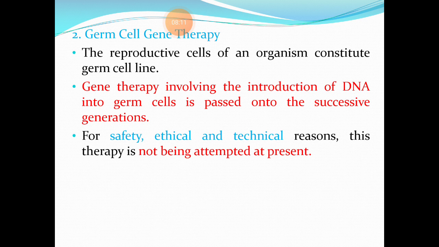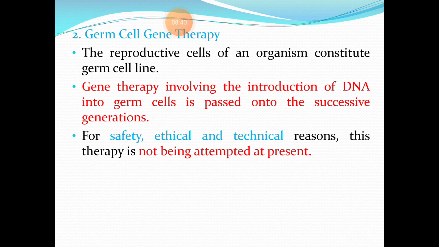Then the second approach is germ cell line gene therapy. Here, the reproductive cells of an organism, like gametic cells, constitute the germ cell line. Gene therapy involving the introduction of DNA into these germ cells is called germ cell gene therapy.